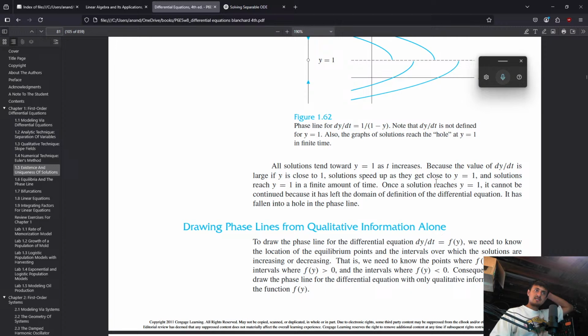Oh, here we go. I guess what I'm wondering is that if you have a hole in a solution to a differential equation, are there ones where you can make a hole and still have it come out on the other side okay?